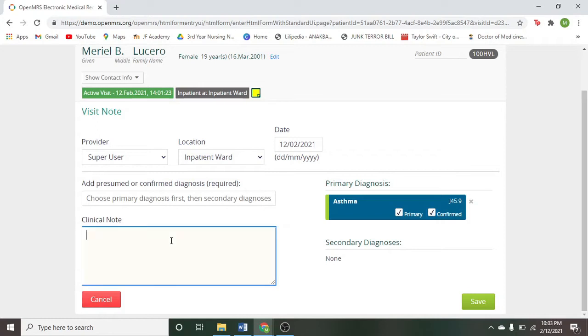Then, under the clinical note part, put the nursing diagnosis, which is ineffective breathing pattern related to shortness of breath, fatigue, positive use of respiratory muscles as evidenced by bilateral expiratory wheezing and 110 beats per minute of pulse rate.